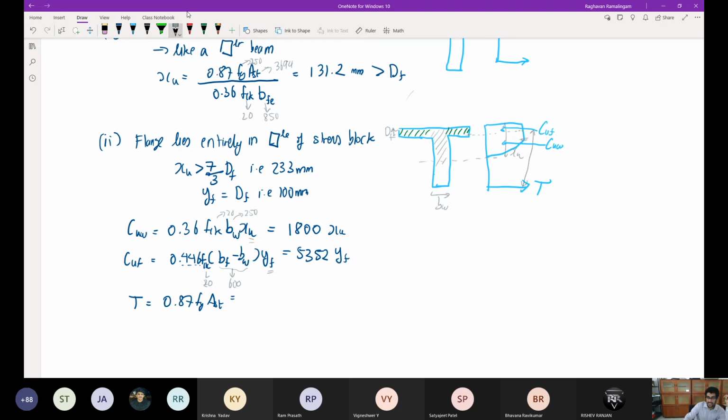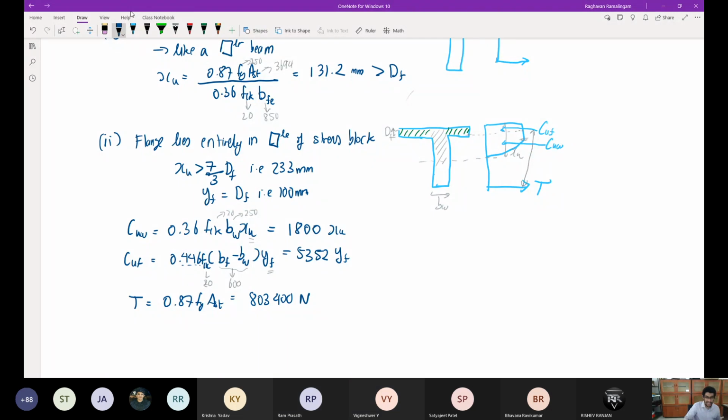This lever arm is given by Y. So you'll get the lever arm for this. 803.4 kilonewton. Okay, so let me keep it as 803.4 kilonewton.